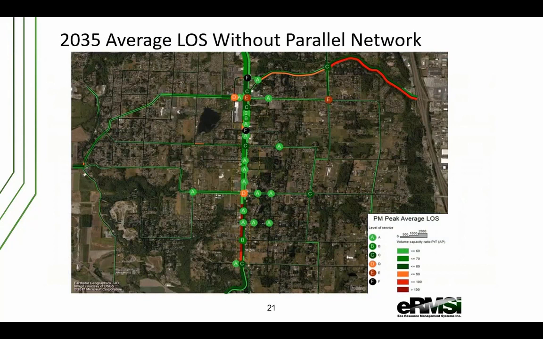This was identified years ago. The model had been built years ago, but they were looking at adding in some other network both east and west of it to help relieve that a little bit.